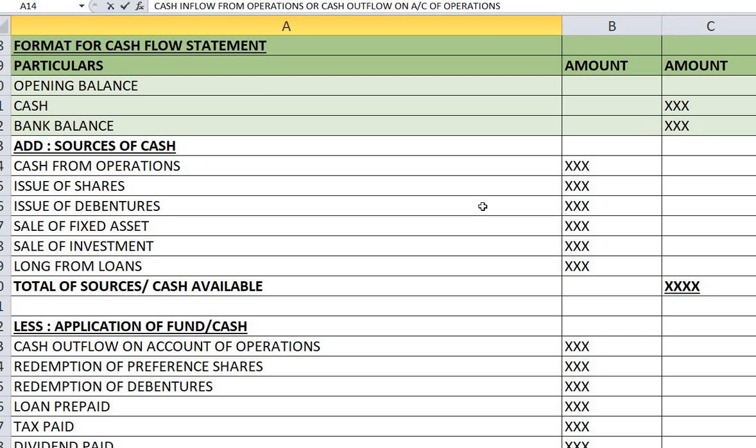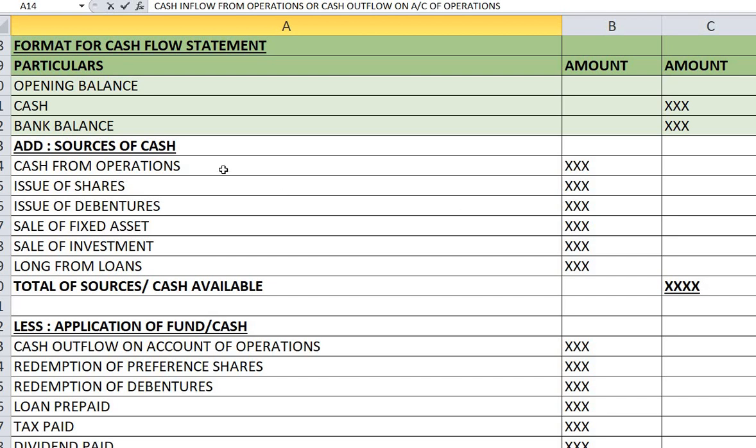To that, we will add some sources of cash. Sources of cash are transactions or items from which you will earn money for your organization. So the activities through which you get money into the organization are known as sources of cash. Let us see the main sources of cash for an organization.